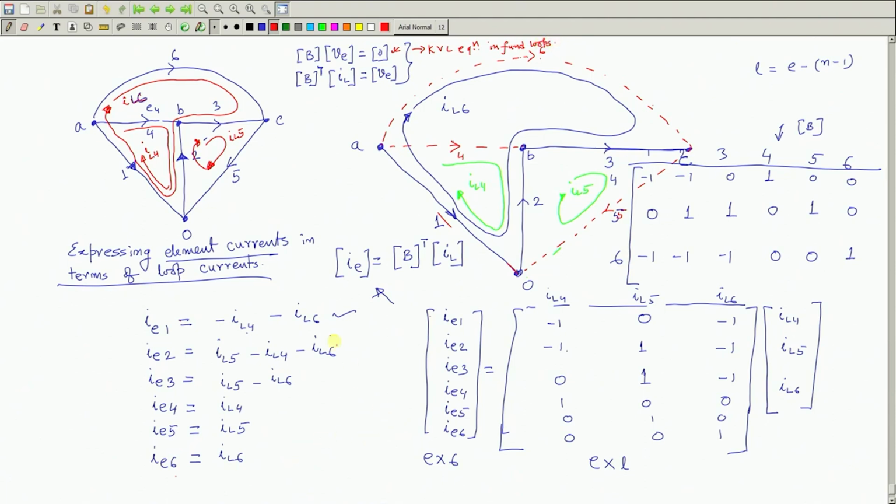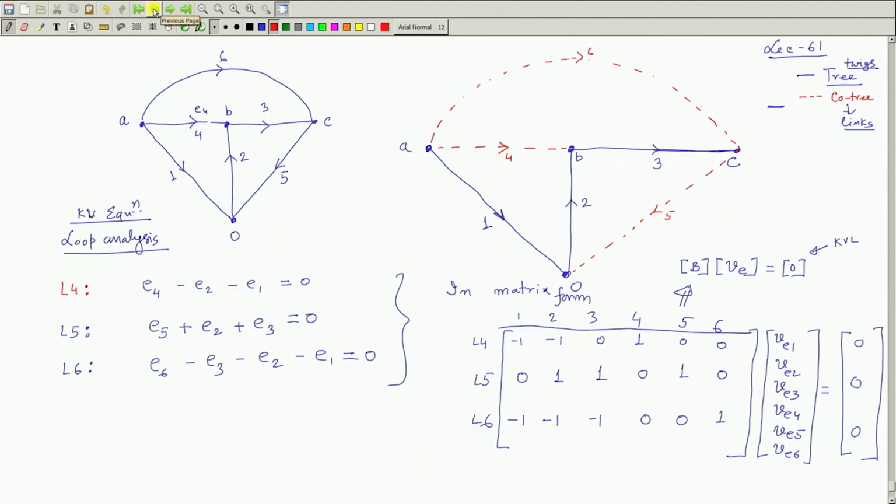Isn't it? B into V is the KVL equation in the fundamental loop. For example, say loop 4, this is mere naming; the fundamental loops are 6 in number. L4 is one fundamental loop where only link 4 is present. L5 is another fundamental loop where only link 5 will be involved, and so on.